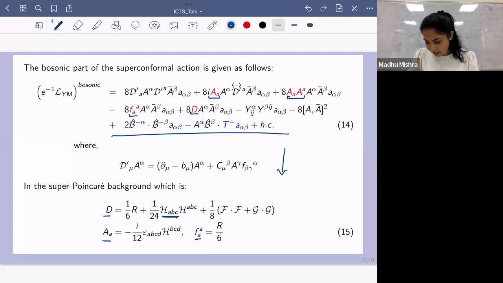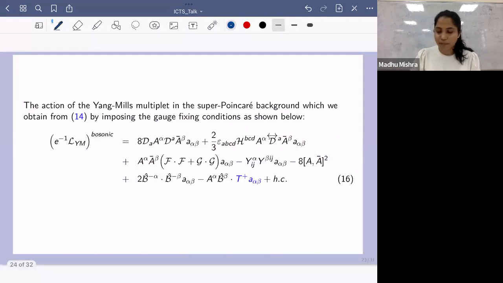So this is the field strength corresponding to the two-form gauge field that we had in the dilaton Weyl multiplet. These are the field strengths corresponding to the gauge field in the dilaton Weyl multiplet. This is again from the gauge field of the dilaton Weyl multiplet, and this is the Ricci scalar. And once we substitute this back, we will get the Yang-Mills action in a super Poincare background.